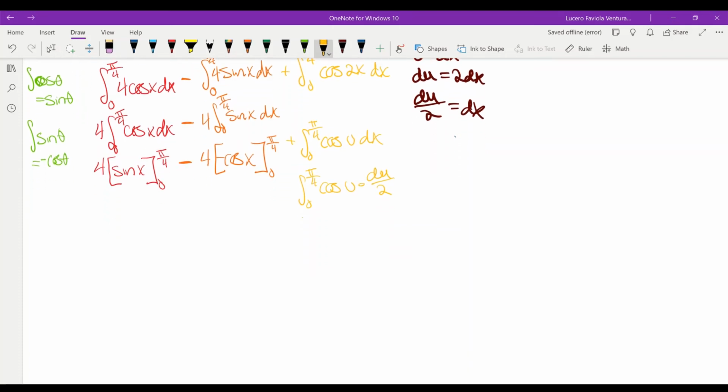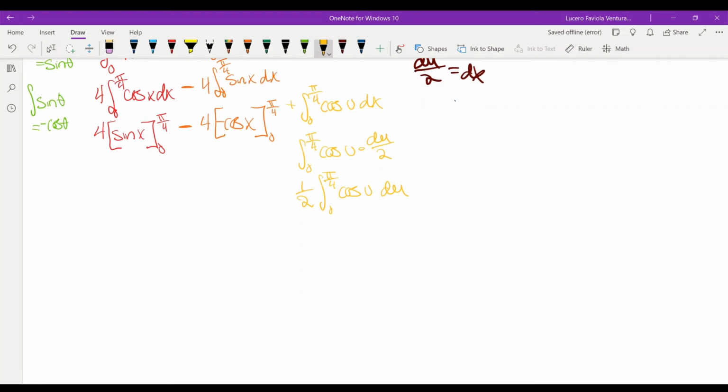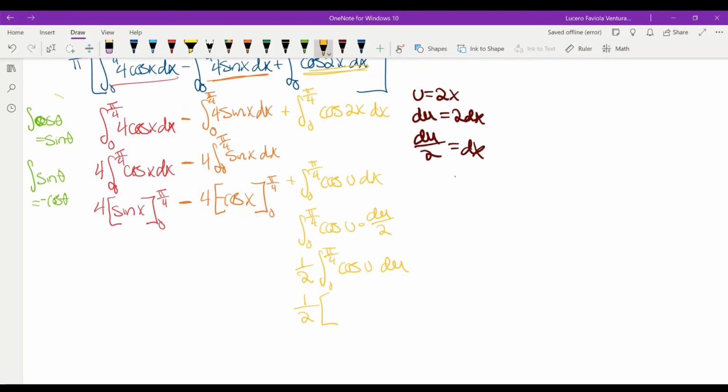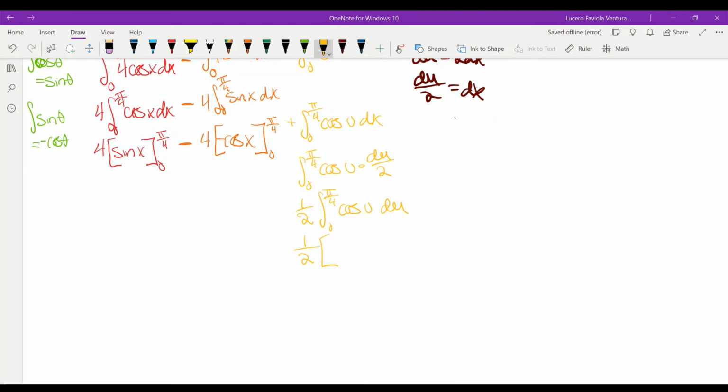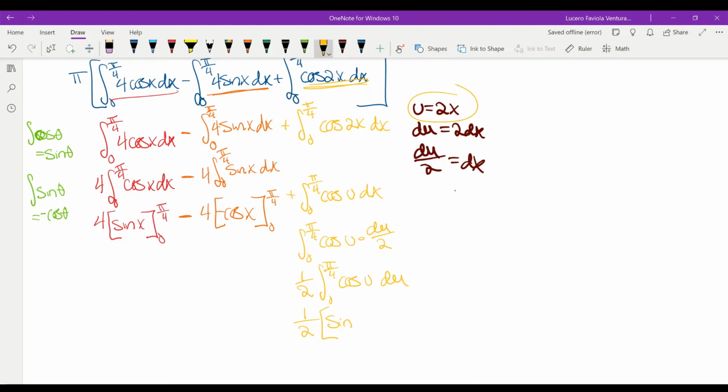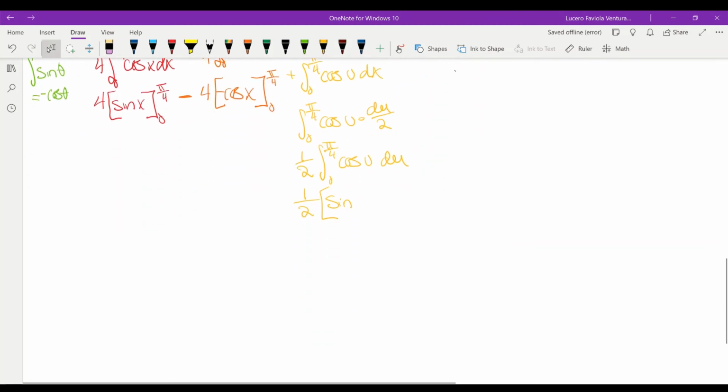Our 1/2 is a constant, so we have to bring it out to the front. Integral from 0 to pi over 4 cosine of u du. And as previously stated, the integral of cosine that we used earlier is equal to sine theta, or in this case, just sine of u. And our u we can plug back in as 2x from 0 to pi over 4.